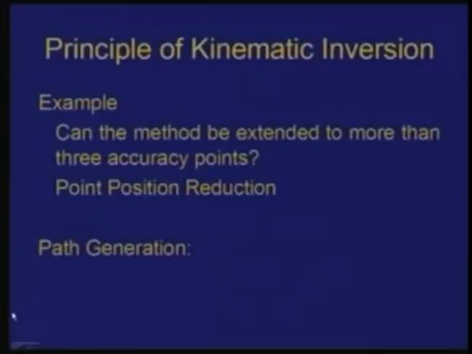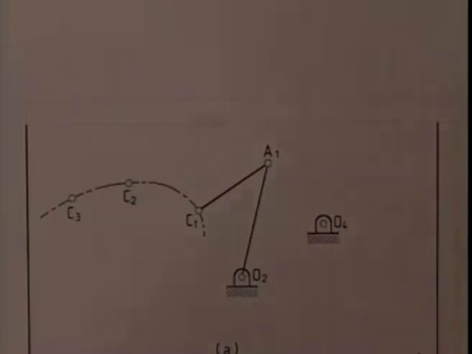At this stage, let me now get into the second type of problem, namely the problem of path generation. For path generation, we start our discussion with 3 position synthesis, because 2 position synthesis, as we have seen, is pretty obvious. For 3 position synthesis of path generation, the problem is posed as follows.